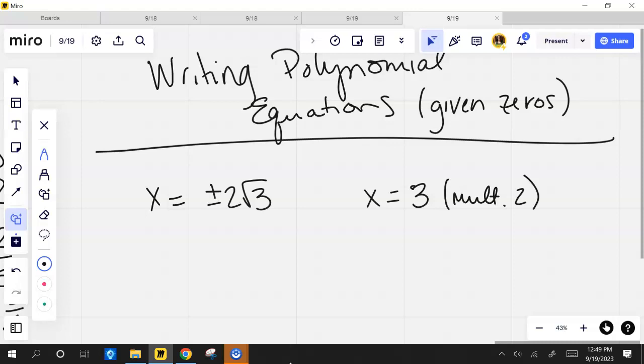This is algebra 2. I'm fixing to get to the freak out part of it. What might that mean? Multiplicity. What does that mean?